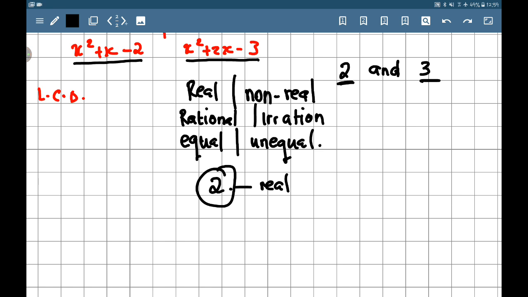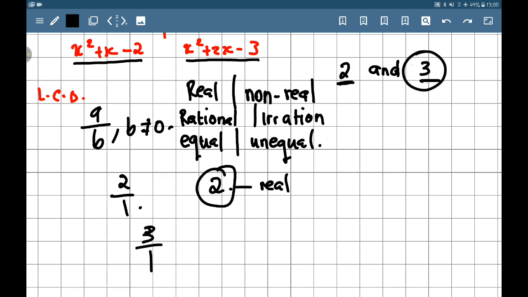So a rational number is anything that can be written as a fraction. It's a over b, and b not equal to 0. So basically 2 can be written as 2 over 1, and that makes it a rational number. And 3 can be written as 3 over 1, and that makes it a rational number.